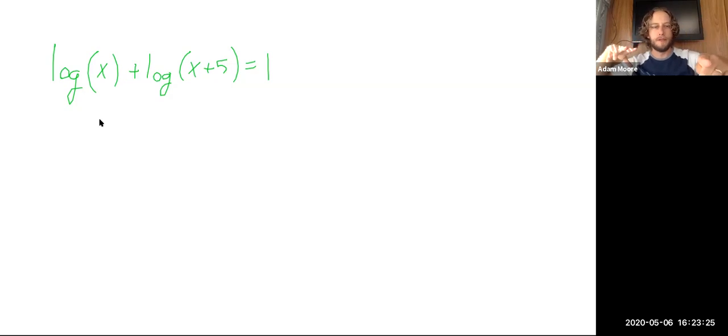In this situation, we have two different logarithms, and we're going to glue them back together so that we can deal with the x's all at once. Tell me, if I'm gluing them back together as a single log of something, then plus is like what?